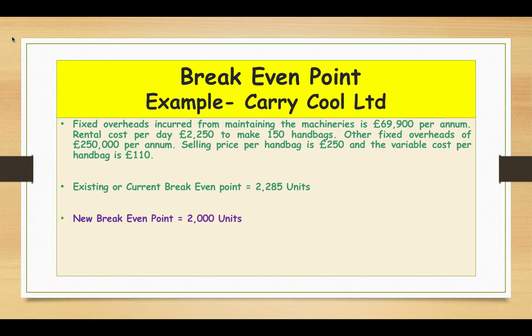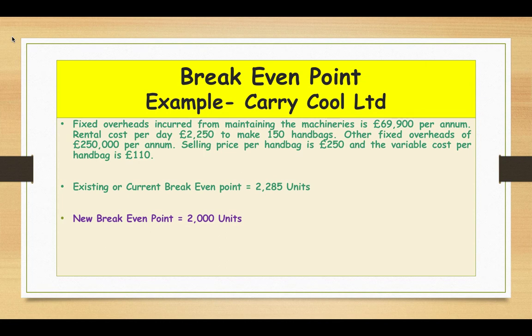Now, there will be no 69,900 of fixed overhead because they're going to sell those machineries. So the new fixed overhead is going to be 250,000. But we have to remember there is going to be an extra variable cost, which is the rental cost.